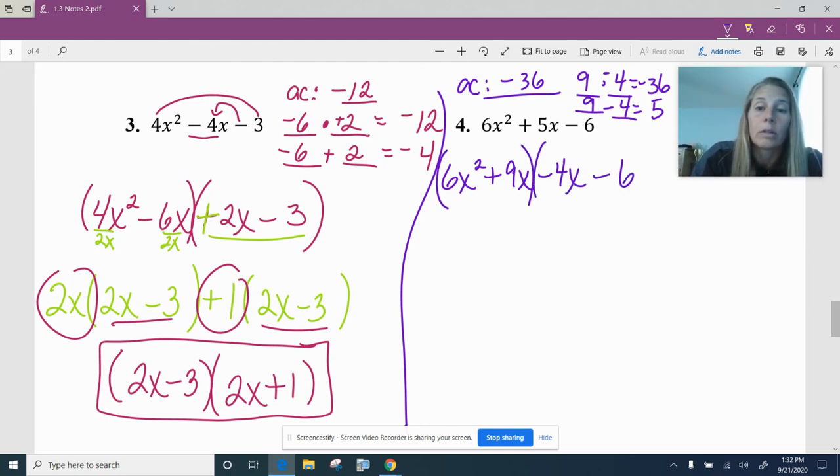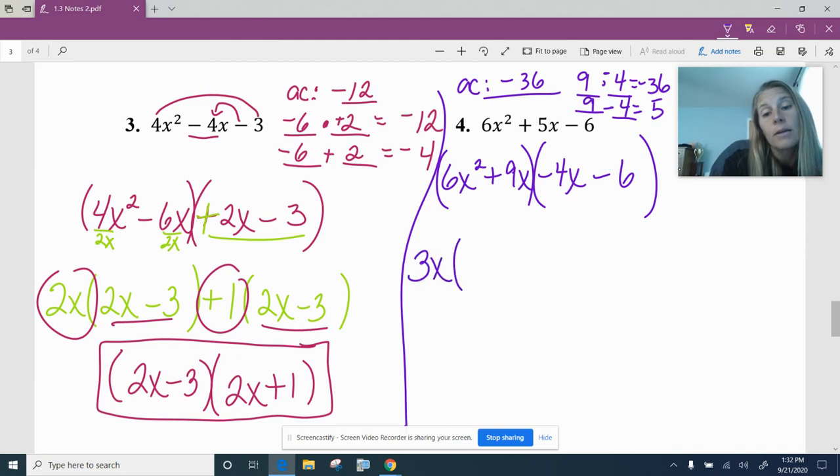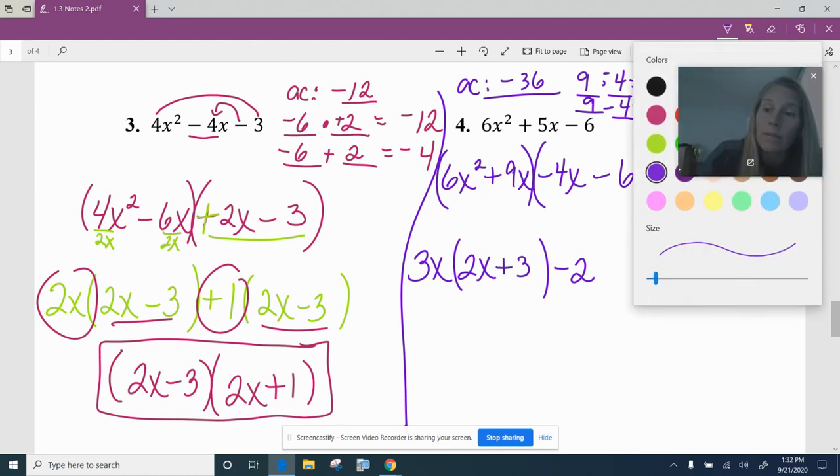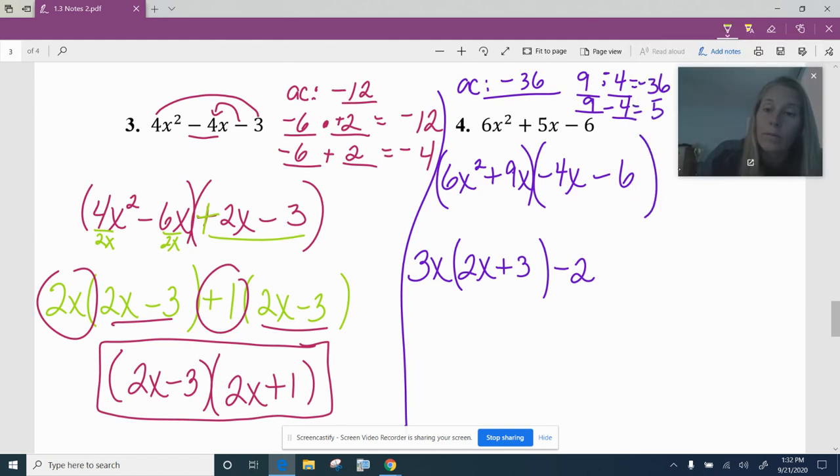And then I'm going to do my two GCFs. So my GCF of those first two terms there is going to be 3x, and 6x squared divided by 3x is 2x, and 9x divided by 3x is 3. And then on the second side, my GCF is going to be negative 2. Now notice they're both divisible by 2, but I have this negative here on that 4x, so that's why I have to take out the negative on that 2 as well.